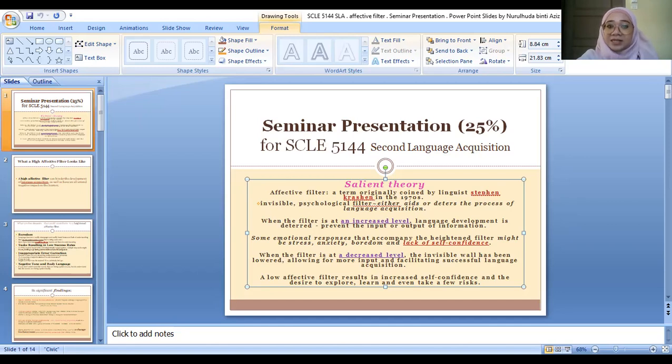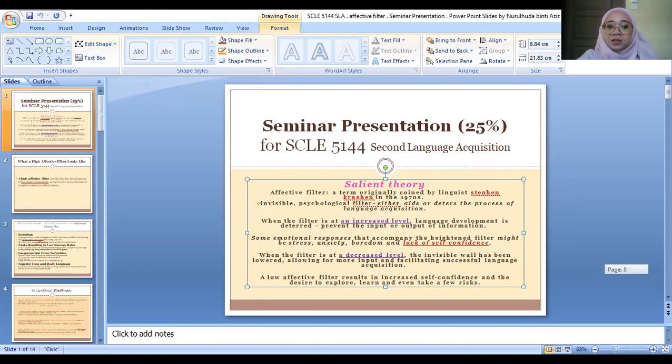Therefore, I will set my goal to provide an environment which facilitates the lowest levels of the affective filter. So when the filter is low, the learner is in an emotionally safe place. These feelings of safety lower the imaginary walls, promoting more successful language acquisitions.